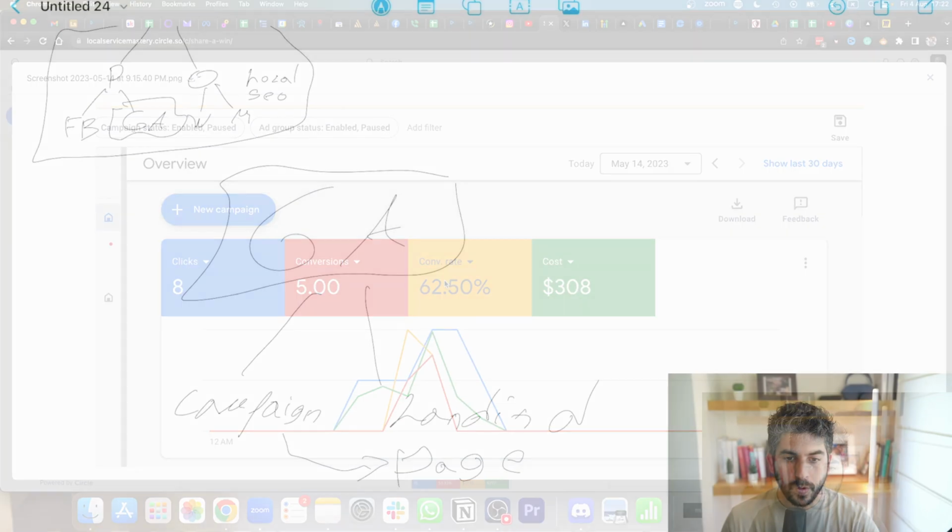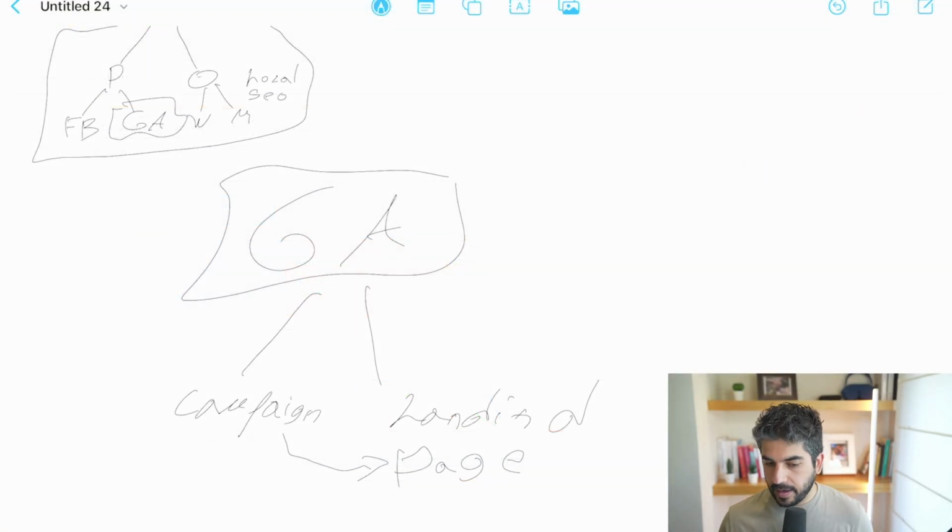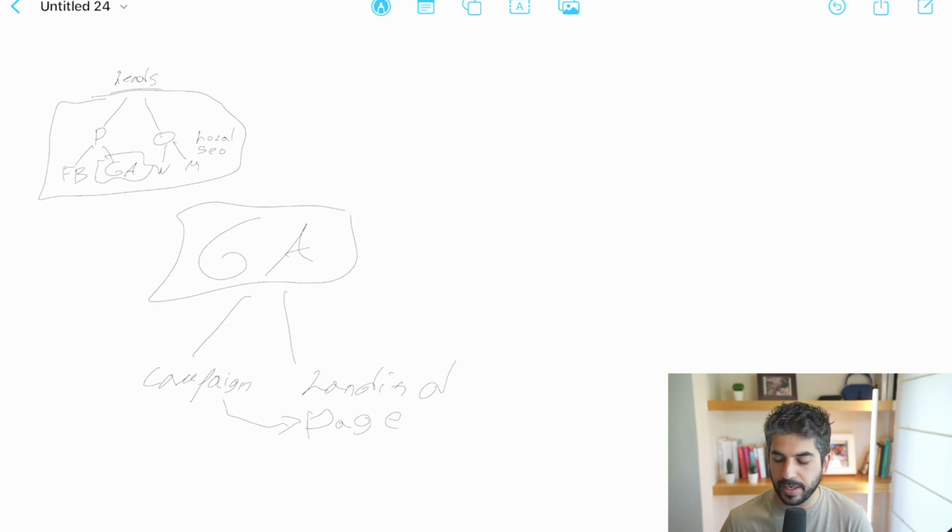Okay? So going back here to the drawing for a second, once you have this, you basically have the option to get an unlimited amount of leads. Because if 1 out of 3 clicks is turning into a lead, and in almost any industry I've encountered, and I work with almost any service industry in the States, this is money.